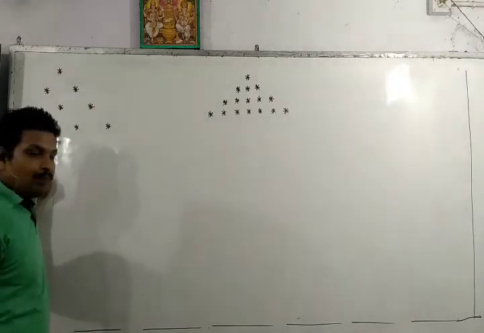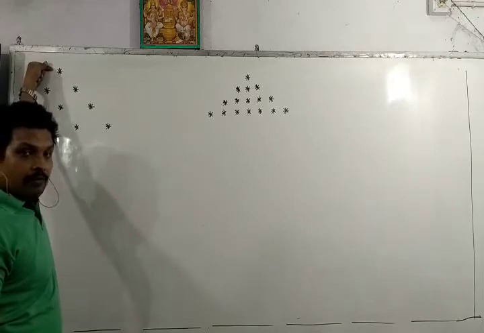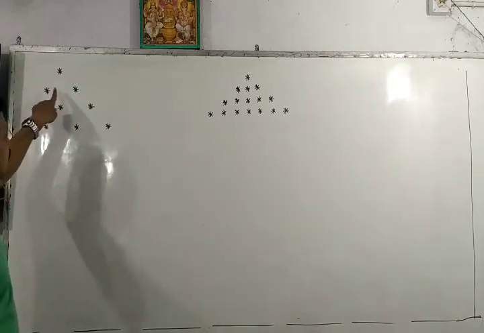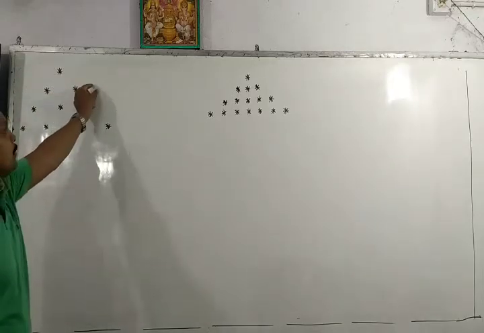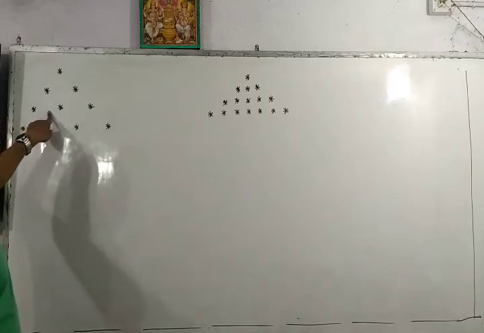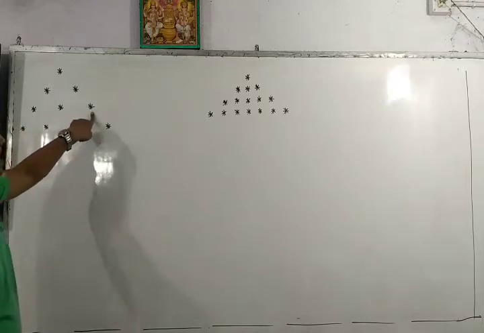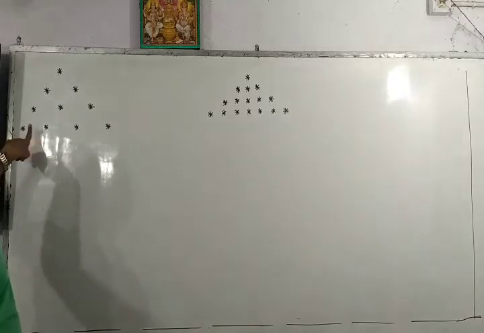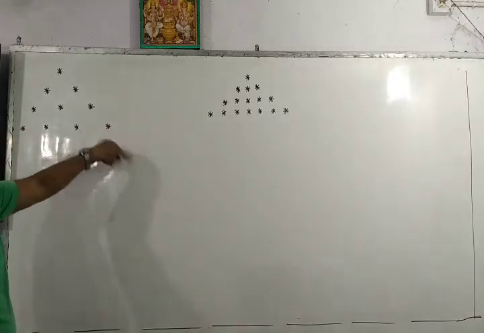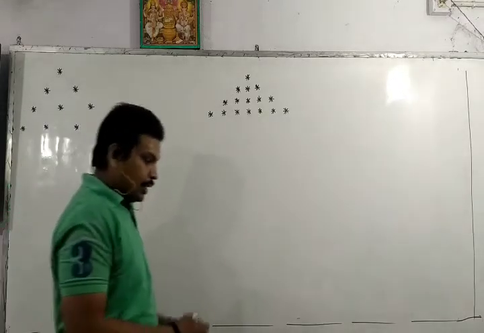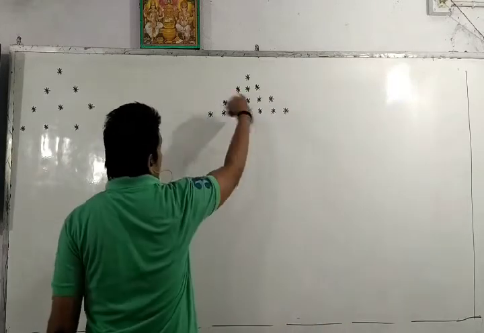Yes or no? Here in the first line we have one star, then star, space, star, space, star, space, star, space, star, space, star. So what was the condition for the earlier pattern?